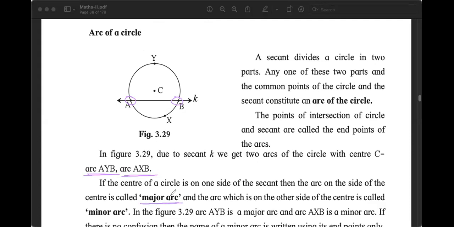Major means bada. Now you will be able to guess that if AYB is the major arc, then clearly AXB will be called the minor arc. So whenever there is a secant to a circle passing through 2 points on the circle, that secant will divide the circle into 2 arcs, major arc and minor arc.